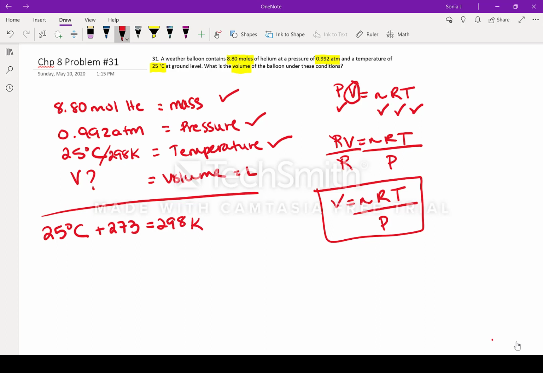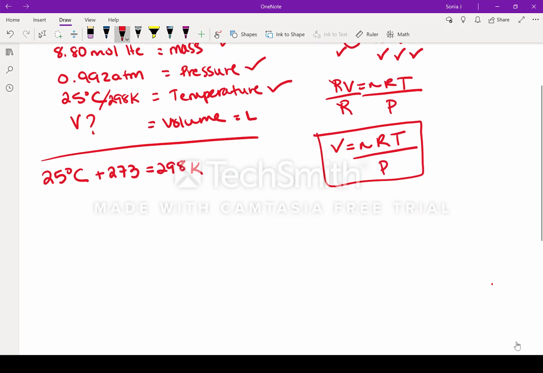And the volume is what we're trying to look for in liters. So we've got everything that we need to plug in. So all we have to do now is plug everything in.